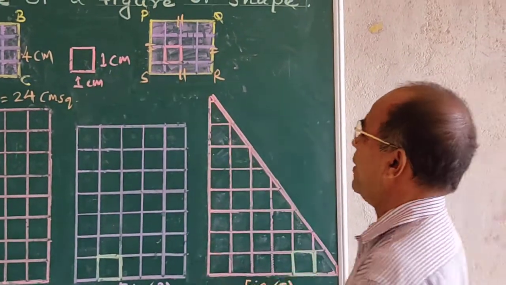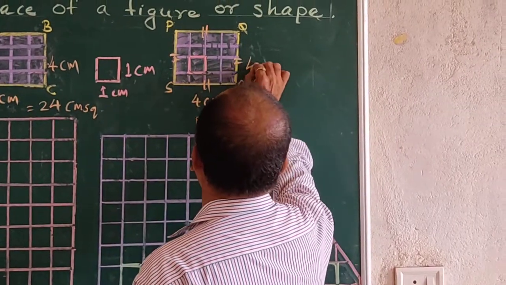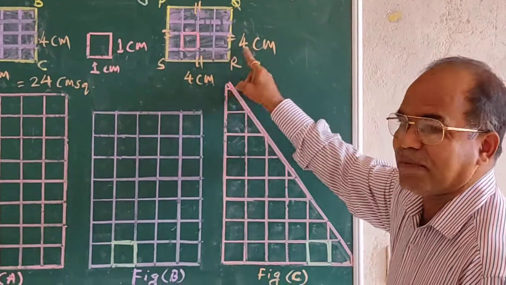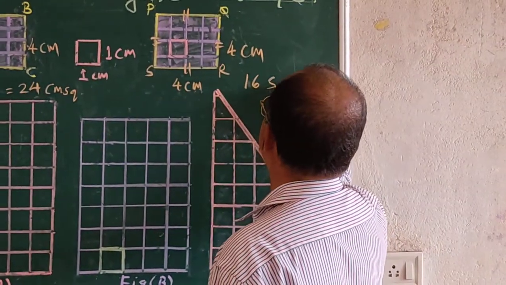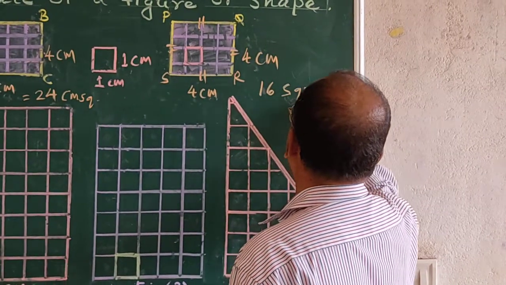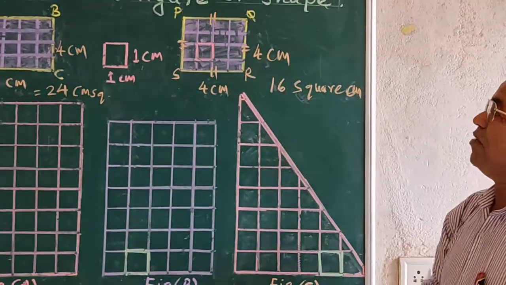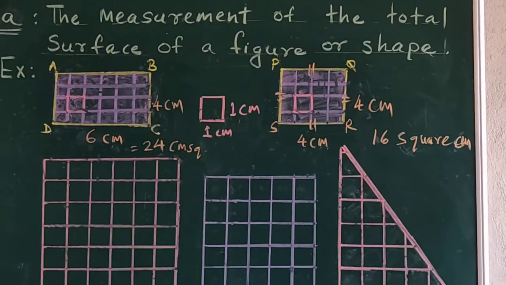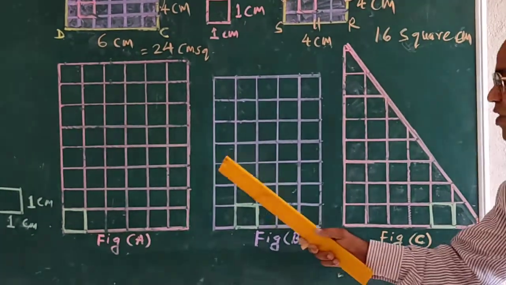Here 4 squares. And here also 1, 2, 3, 4 squares. If we multiply 4 into 4, we get 16 square centimeters as the area of this square PQRS. This is practically finding the area of different shapes using squares.